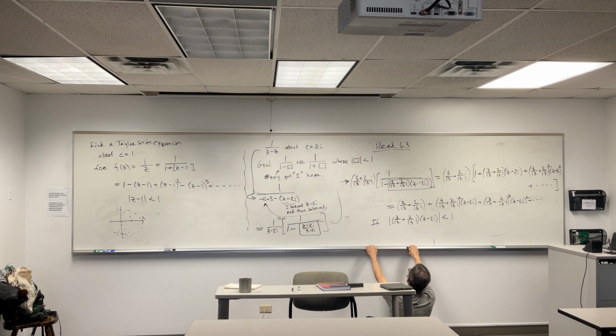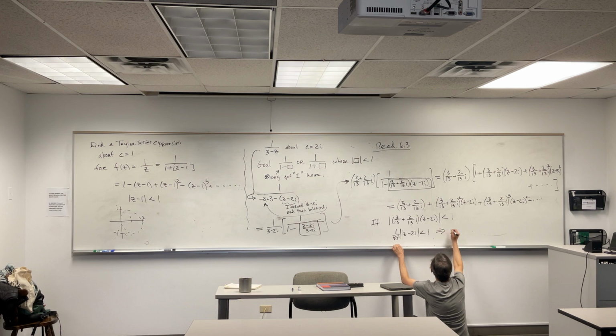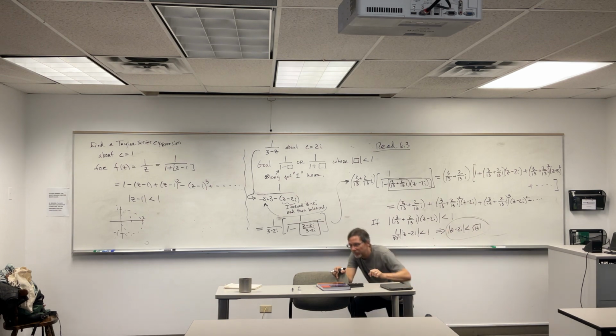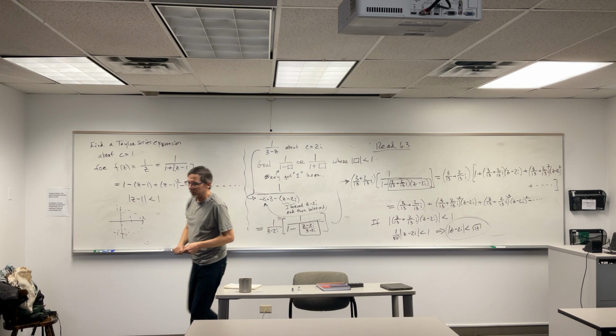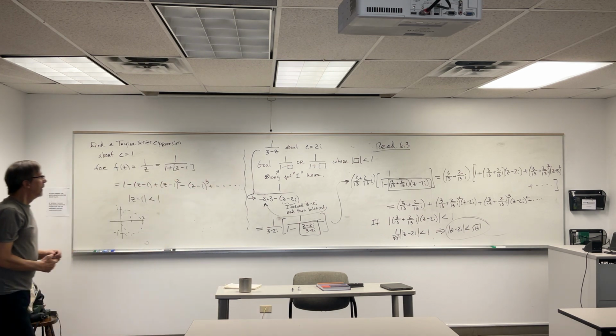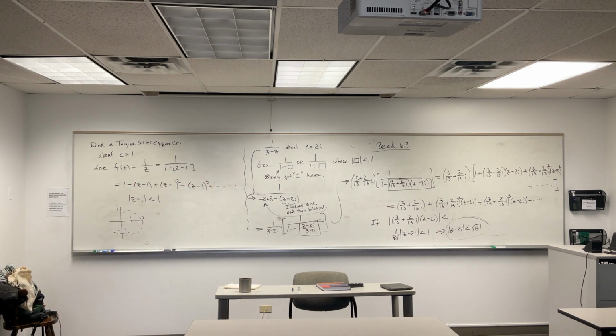Square root of 13 over 13. So 1 over root 13. Okay. So radius of convergence is root 13. It's kind of wild how far you can get with just algebra.